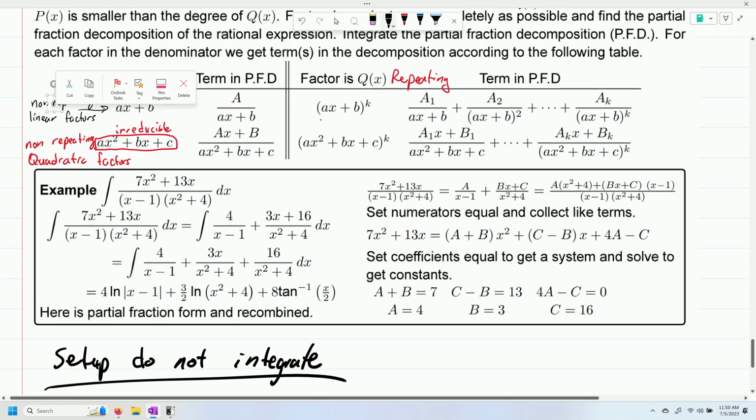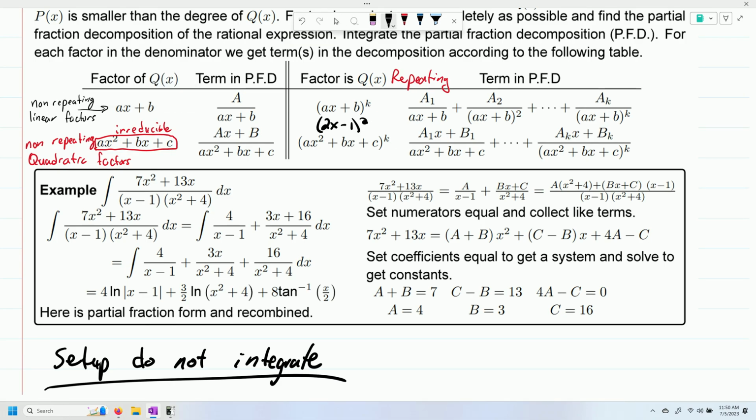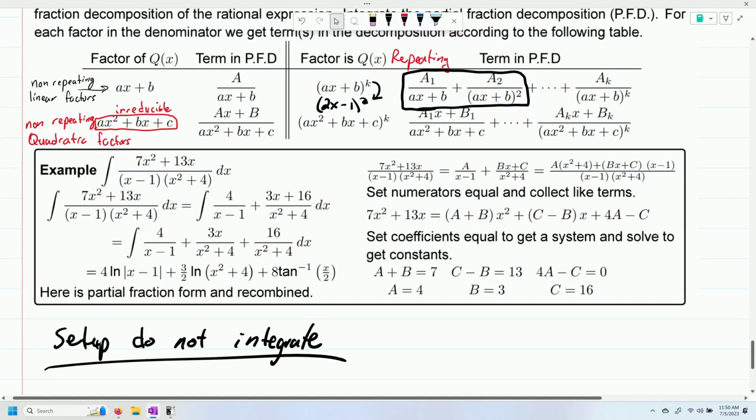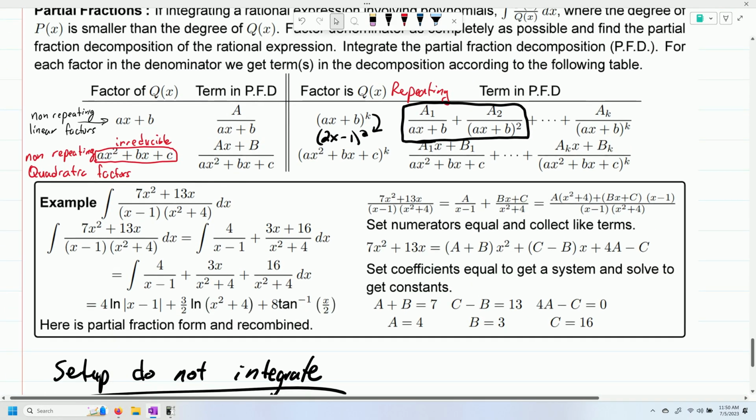So we have 2x minus 1 quantity squared. Since k is equal to 2, we have to write it 2 times. So that would be it right there. If we had k equal to 3, then I would have A over 2x minus 1. In fact, let me write that down. So I'll write it over here on the right-hand side. If it'll let me, there you go.